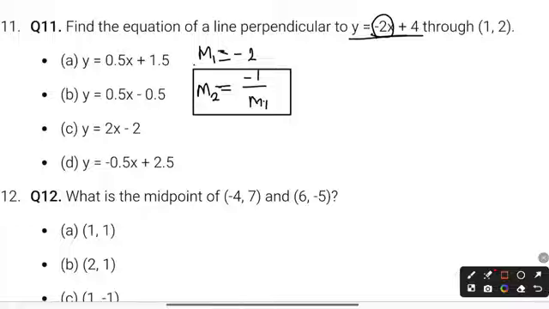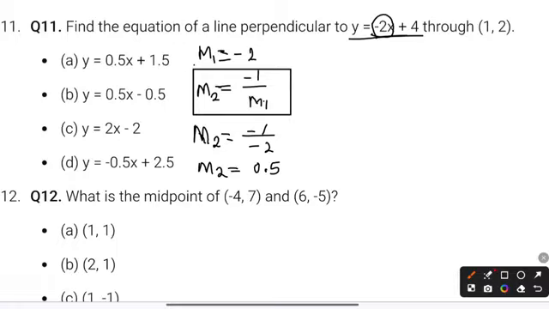So m2 is going to be minus 1 over minus 2, which gives us m2 equals 0.5.